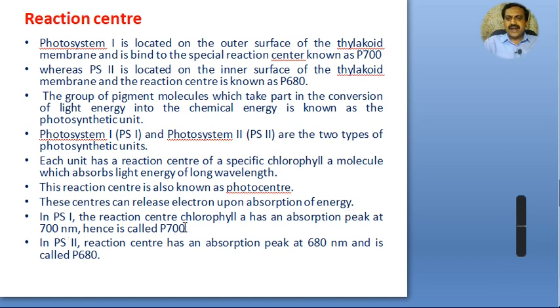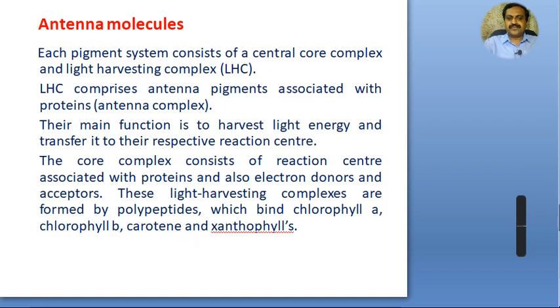In PS1, reaction center chlorophyll a has an absorption peak at 700 nanometers, hence it is called P700. Contrary to this, in PS2, the reaction center has an absorption peak of 680 nanometers and is called P680. In addition to pigment system 1 and pigment system 2, we also have antenna molecules.